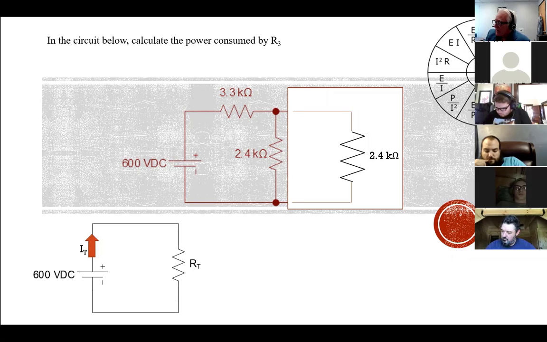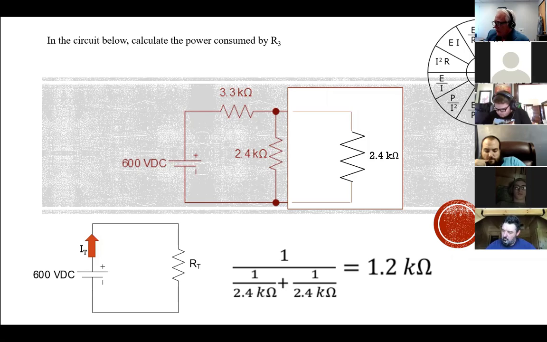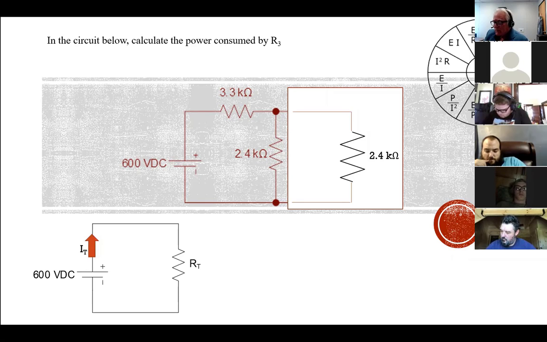So yeah, that's one way you can do it. You can use the reciprocal thing, like 1 over 2.4 plus 1 over 2.4, and then take the reciprocal of that. But in this particular case, you can also do this. Remember that if you have resistors in parallel, no matter how many you have, but they're all equal, you take the value of one of them and divide it by how many you have to get an equivalent resistance.